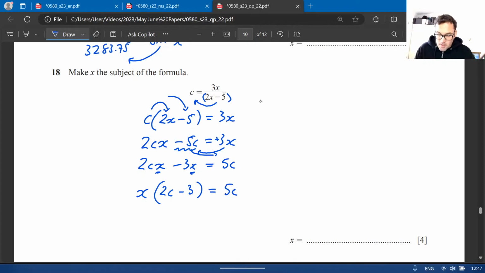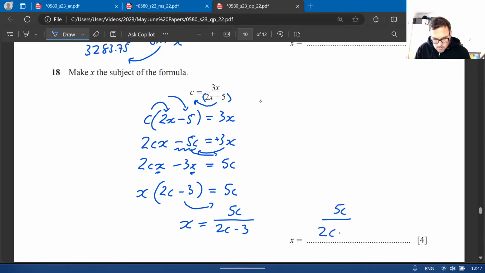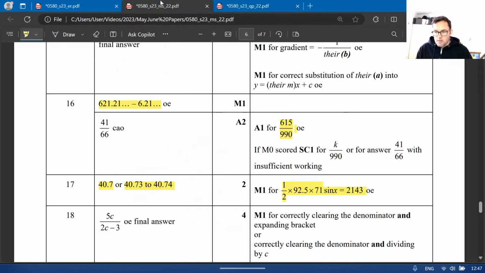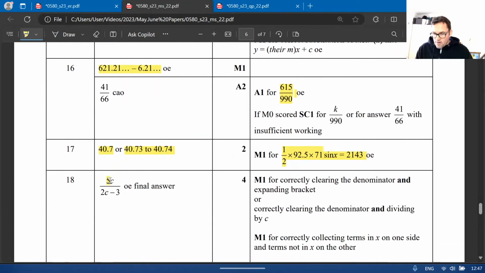That is correct, and we're almost done. This is x times that whole bracket, so we move that to the other side. Times becomes divide. And that, ladies and gentlemen, is the final answer. Easy as that. 5c over 2c minus 3, or equivalent, is the final answer.